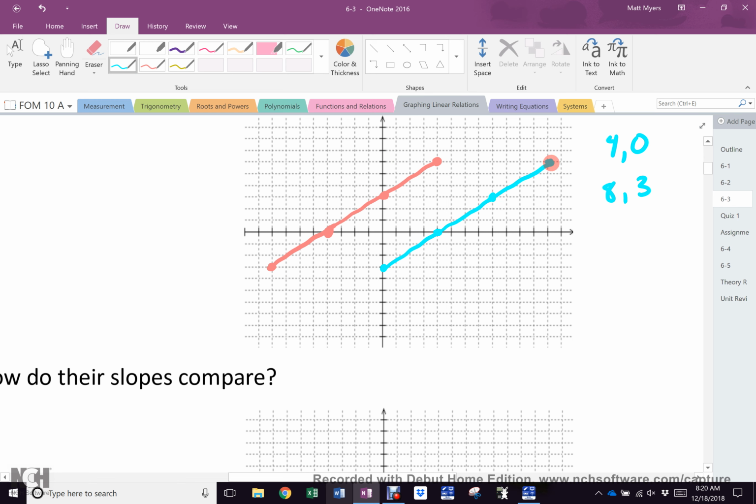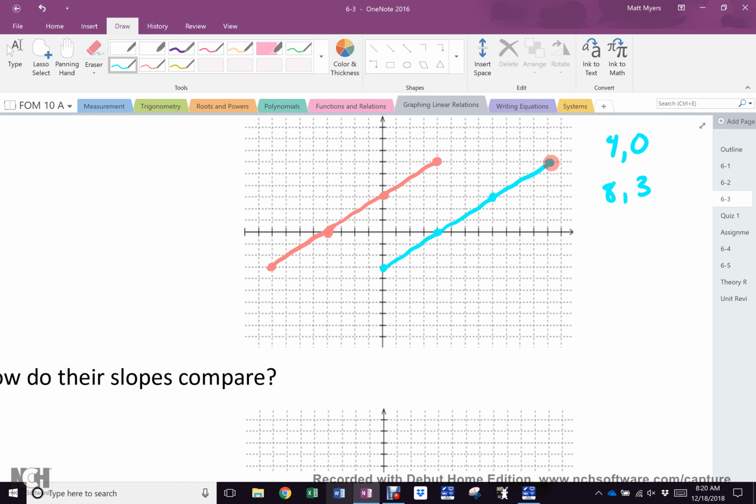Because they're going in the same direction at the same slope, right? That is what makes parallel lines. That slope is 3/4. This slope is 3/4.